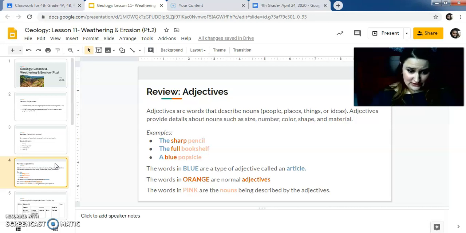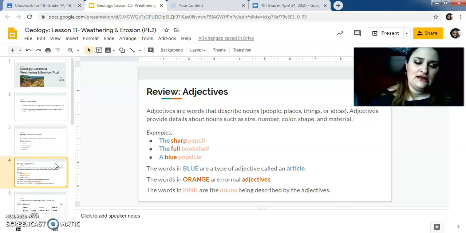The words in these example sentences are color-coded, and there's a reason why. The words in blue are a type of adjective called an article. When we're talking about these words, the, a, and, we don't call them adjectives, we call them articles, but they are describing a noun, so technically they're an adjective, but they're called articles.